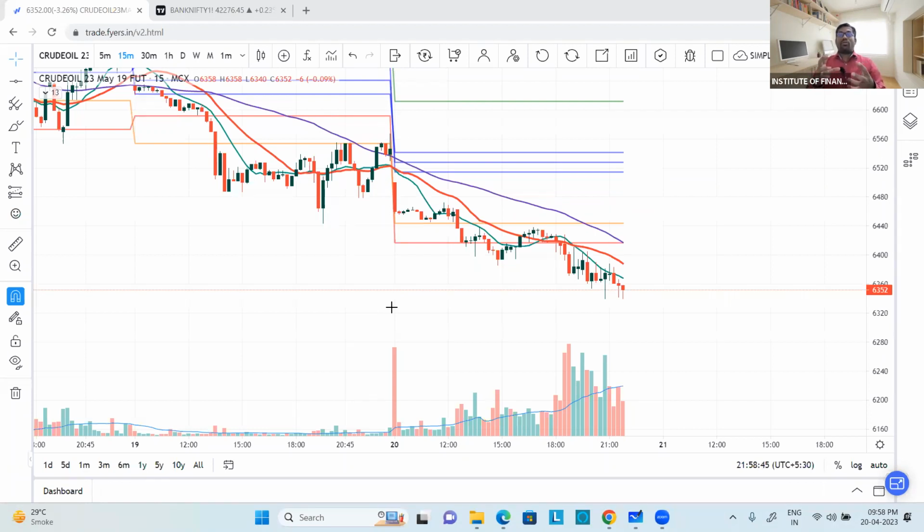Naveen, you can use 30 minutes, 1 hour also, but sometimes the CPR and the support and resistance ranges will be very compressed. Like today, you can see in the Bank of Baroda. In such situations, if you take a higher time frame, the targets will not hit.